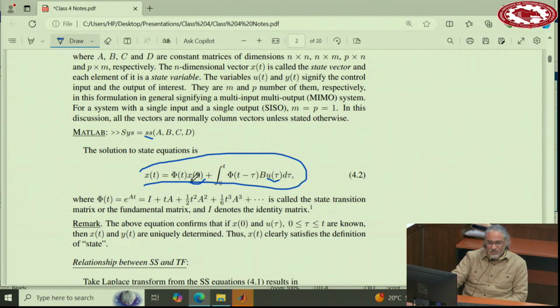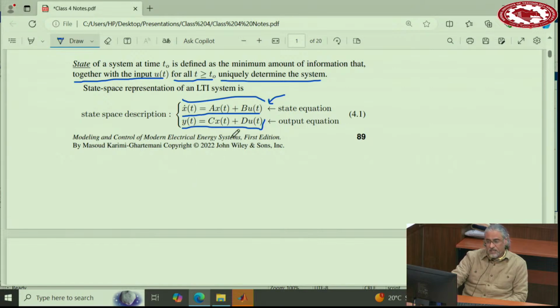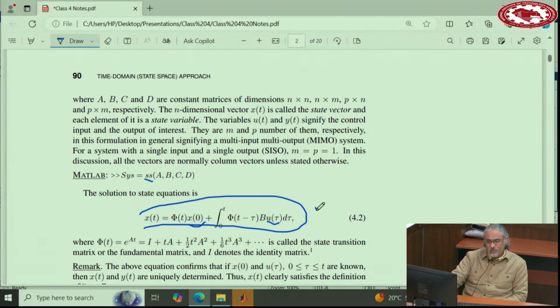So this solution really satisfies the definition of the state that we just gave. If you represent the equations of the system in this format, then x of t will satisfy this definition because the solution is this one, and clearly, if you look at it, you will see that it satisfies that definition.